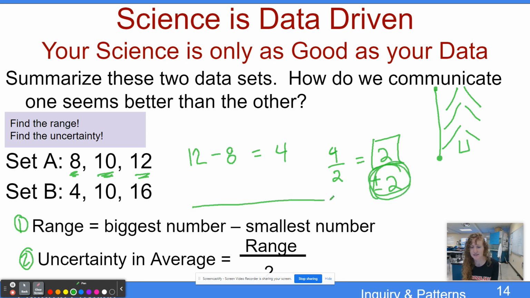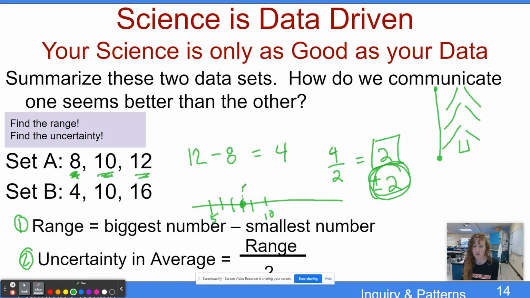And what that means is anytime we have a measurement, you know that that measurement is close to the true value. It's within 2, actually. So if we look at a number line, let's say this is 5, 6, 7, 8, 9, 10. Let's look at this first number, 8. 5, 6, 7, 8 is right here. Now, is the tree actually 8 meters?